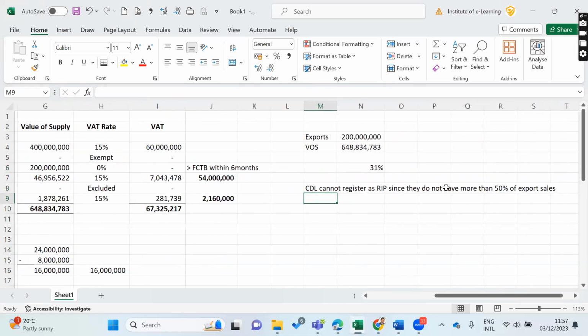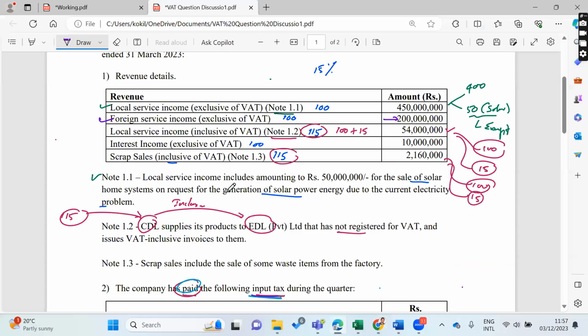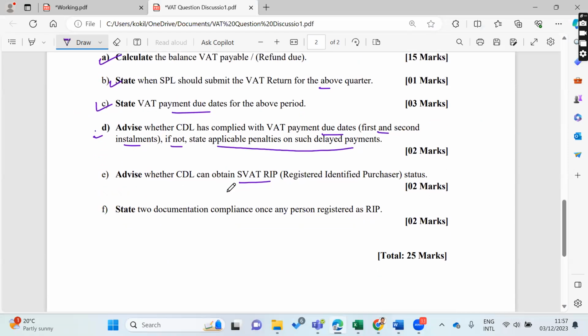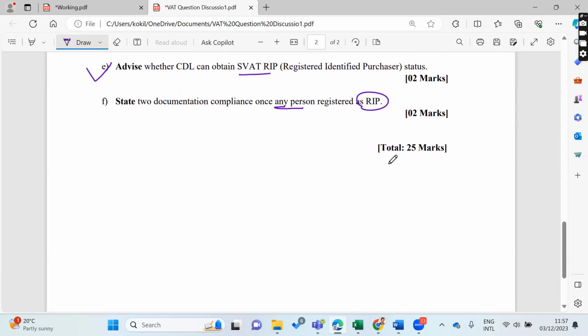That's it. This is the answer for the question's E part, the one before last. They cannot register. Then state the documentation compliance once any person is registered, whether registered as non-RIP or RIP, that is, a registered identified purchaser.